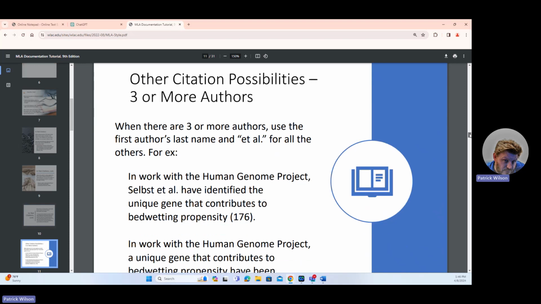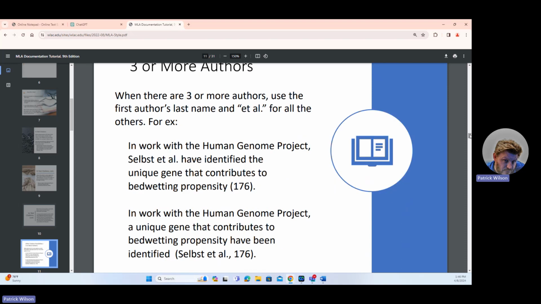Other citation possibilities: 3 or more authors. When there are 3 or more authors, use the first author's last name and add "et al." for all the others. For example, as you can tell here, there are more than 3 authors, so that's why you can abbreviate it "et al."